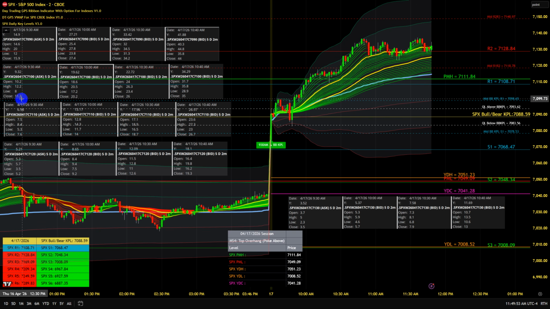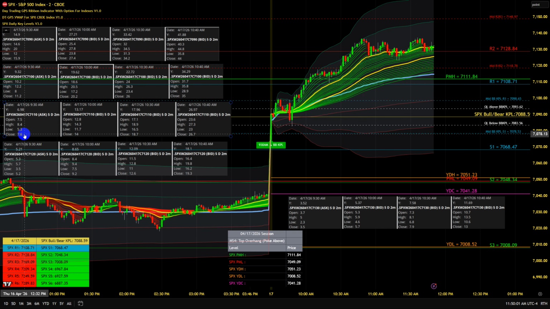The 7100 that we started at $11.20 is now $20.20. And the 9:30 a.m. close entry here on the furthest out of the money on the regular strategy, 7110, $7.60 is now 14.